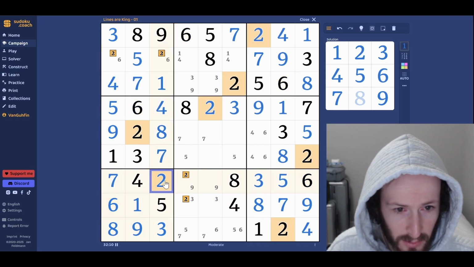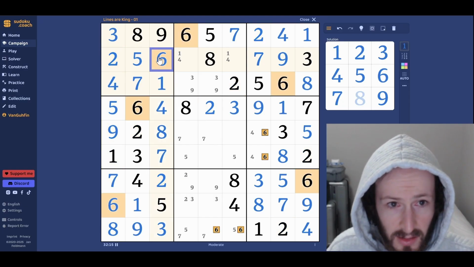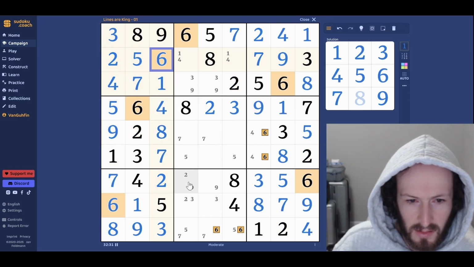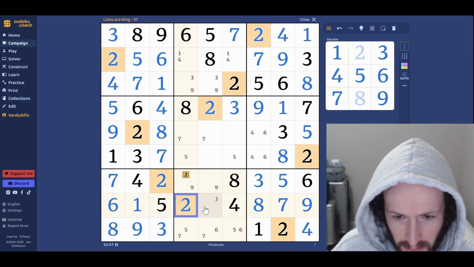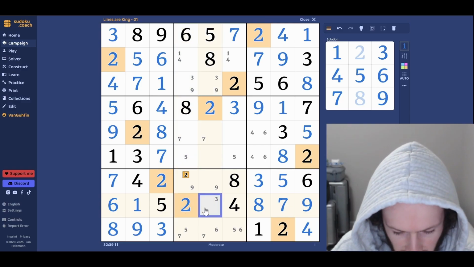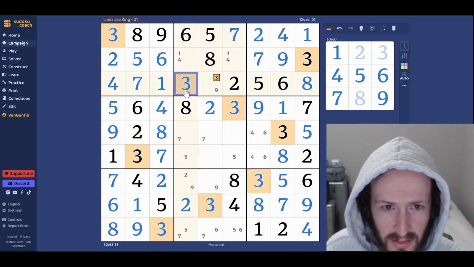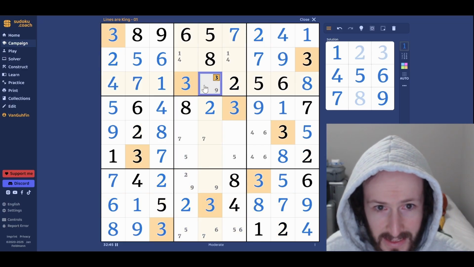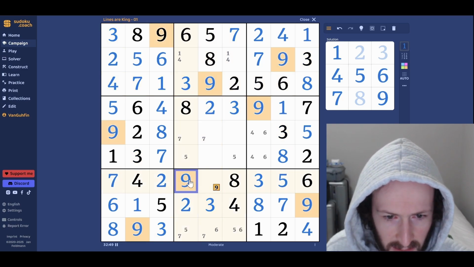But that's a 2. Which means this is a 2. And this is a 6. This can't be a 2, so that has to be a 2. Which solves for the 3 here. Which solves for the 3 here. Which solves for the 9. Which solves for this 9.